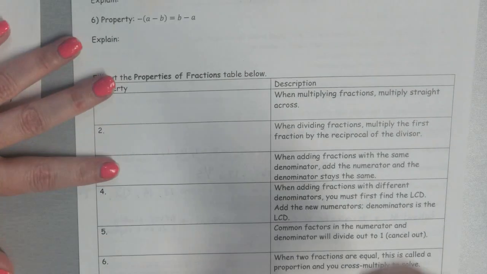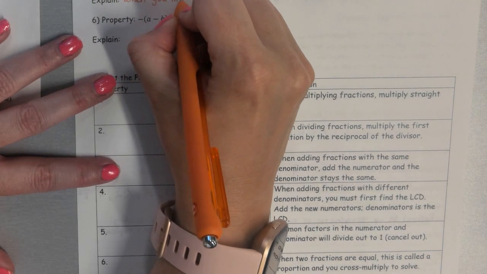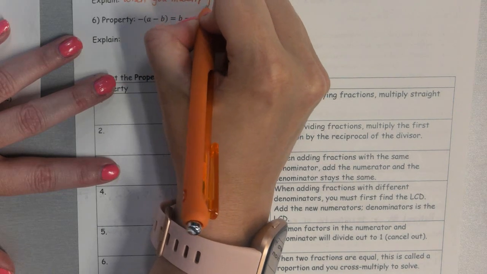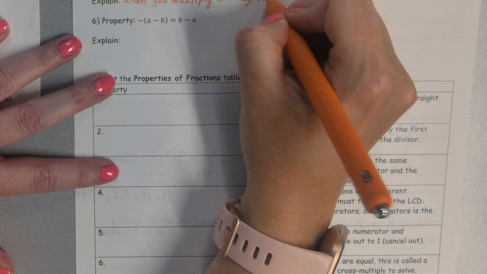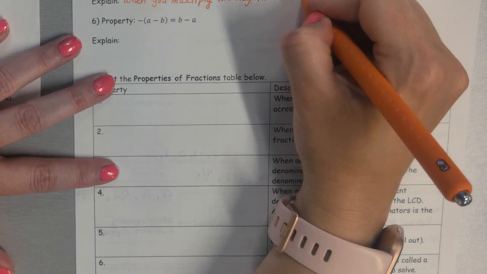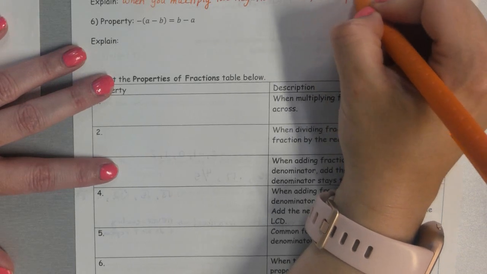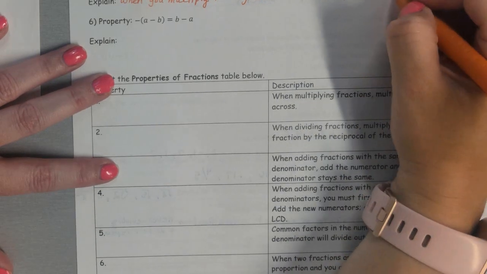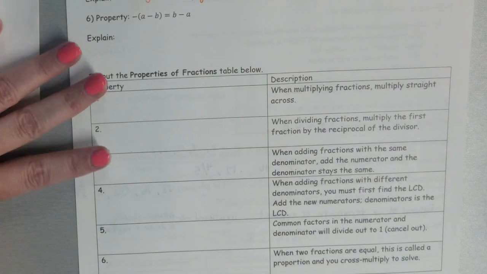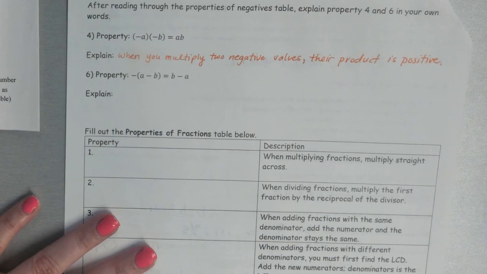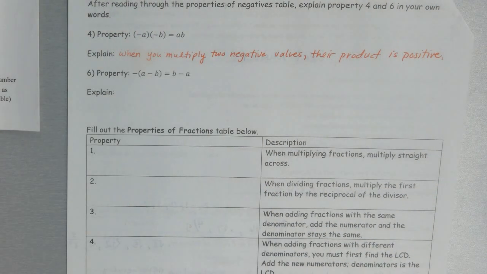Okay, so it really is just that. When you multiply two negative values, their product is positive. Okay, so that is something that you know. You are just putting a general formula to that.